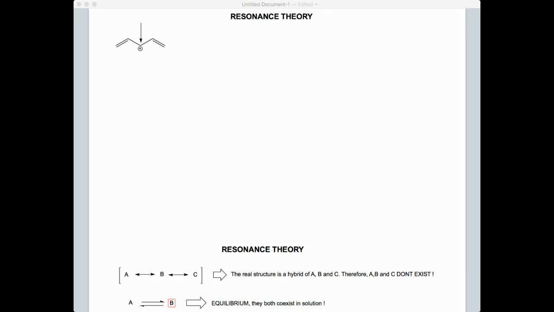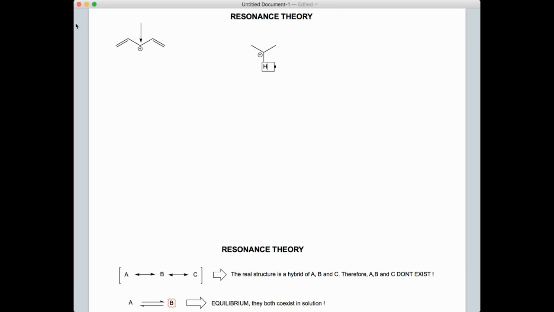There is a total of 3 sigma bonds, right? 2 sigma bonds to each carbon on the left and the right, and there is an extra sigma bond to a hydrogen that doesn't need to be shown on the screen, and we know that because it's positively charged. So this is the real structure of that carbocation, right? It has 3 sigma bonds, 2 to carbons, and one, once again, to a hydrogen.